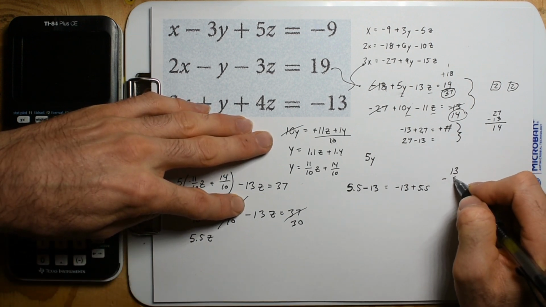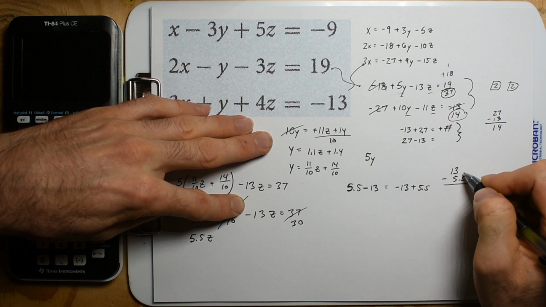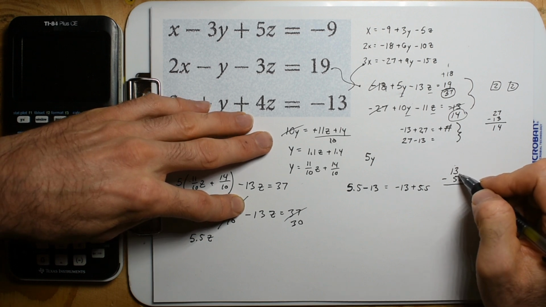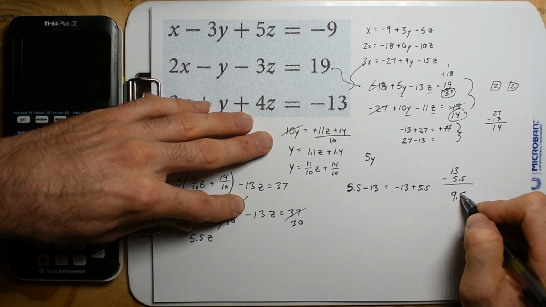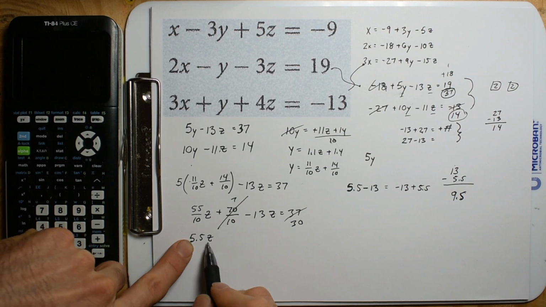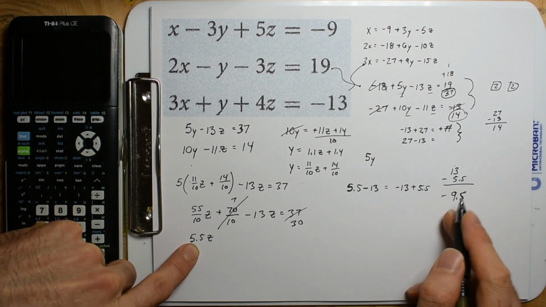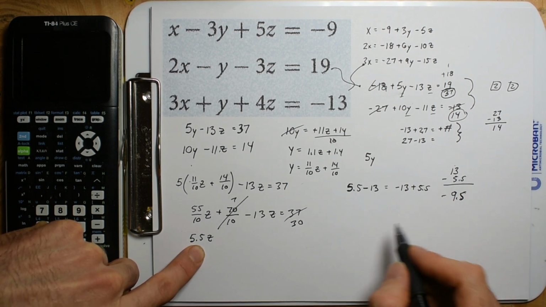Let's just do 13 minus 5.5 and see where we go. 13 minus 6 is 9, so 13 minus 5.5 is 9.5. So we're going to have negative 9.5? Let's prove that.